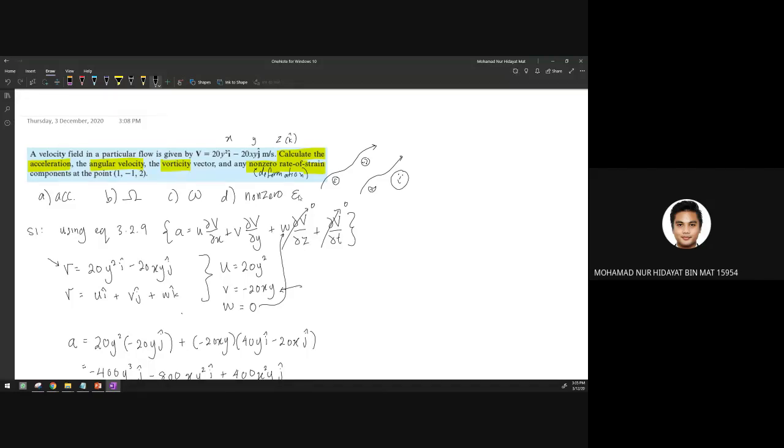The deformation refers to the rate of strain. Either it is deformed by compressing or expanding.